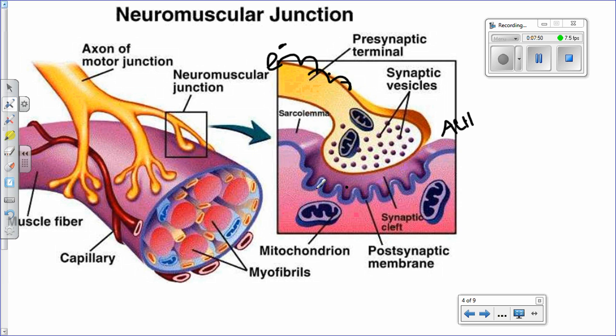That ACh will allow for the postsynaptic neuron to get the change.